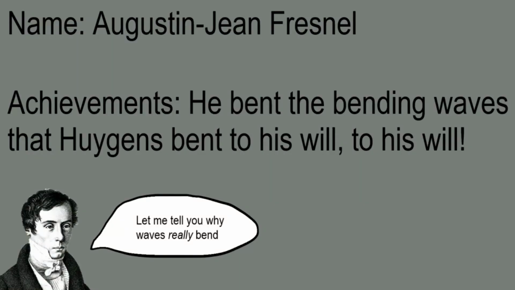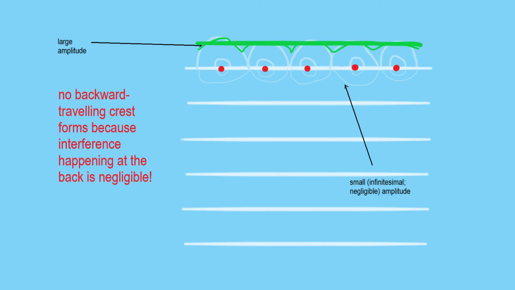Well, we don't have to do anything, because a guy named Augustin Jean Fresnel already gave us a modification of the model. He said that although each point of the wavefront emits circular waves, the circular waves are not the same in each direction. On the front, they have a high amplitude, and on the back, they have an infinitesimal, a negligible amplitude.